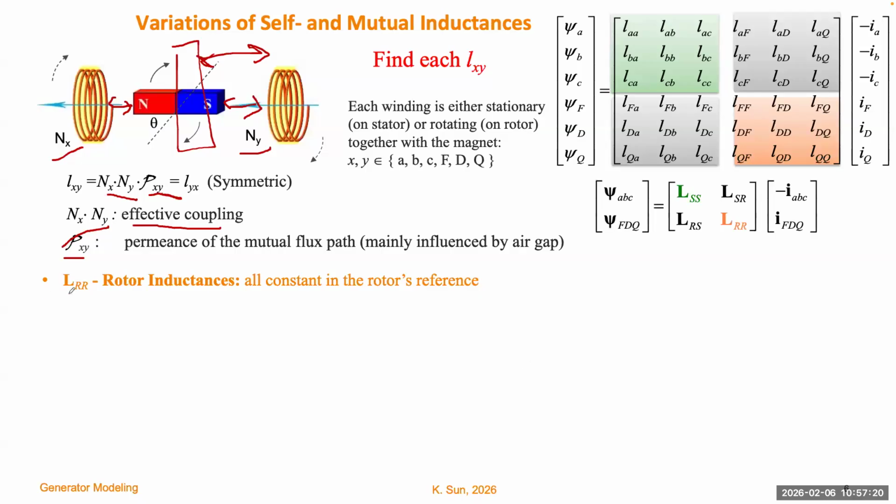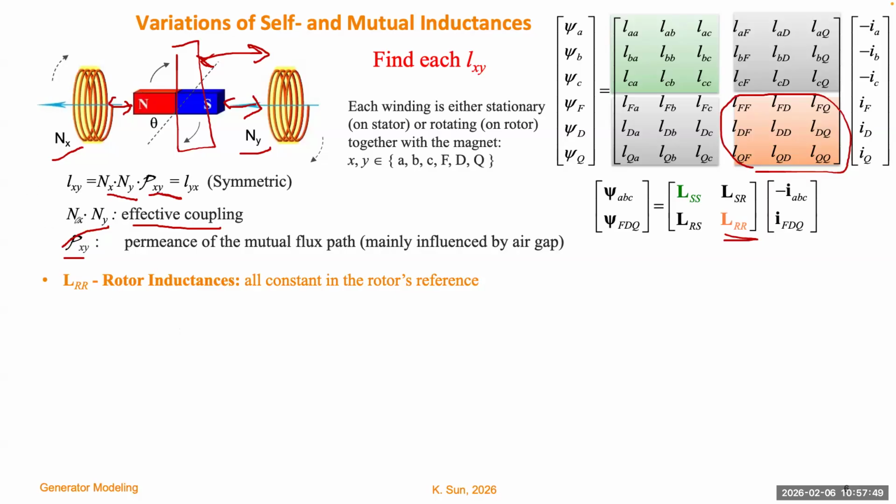Okay, let's first take a look at the rotor inductances. Let's take a look at everything in this block, the block matrix LRR. They are simply all constant. Why? Because this is exactly the case where the two windings and the rotor itself revolve together, so there's nothing to change.